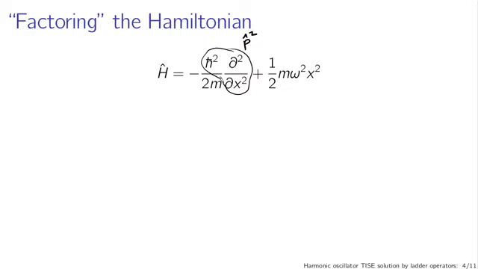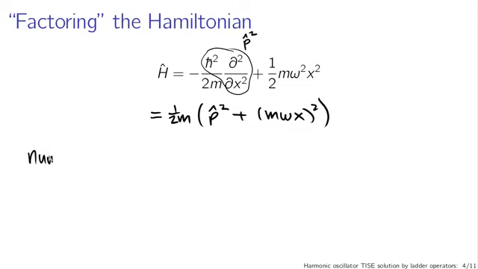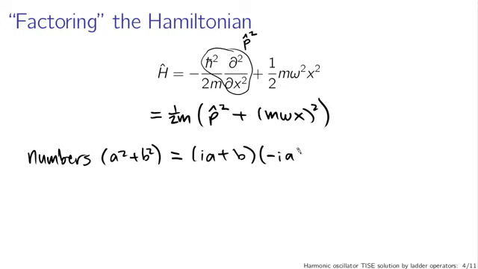If I pull out a 1 over 2m, what I get is 1 over 2m times the quantity p hat squared plus m omega x, quantity squared. This is suggestive. If we had numbers, and I had something like a squared plus b squared, I could factor that over the complex numbers as ia plus b times minus ia plus b.